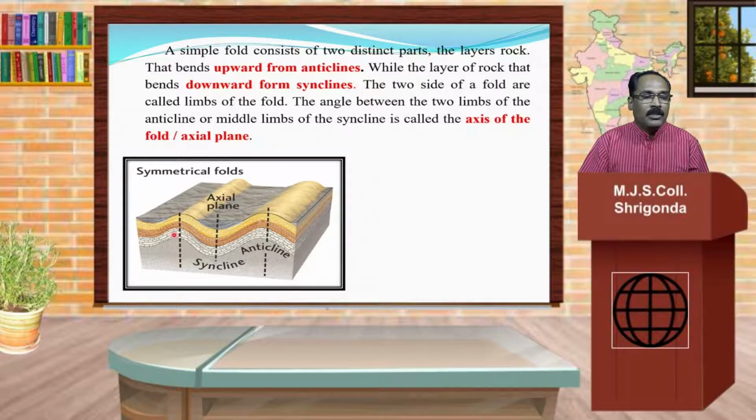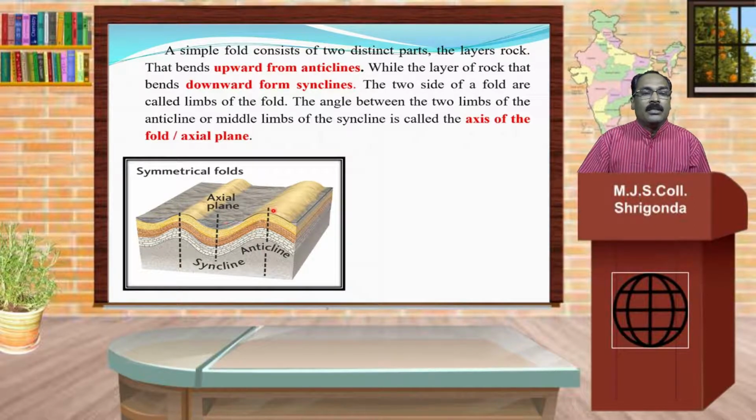Here, both sides are the limbs, and here are the anticline, with upward direction, and the syncline, with downward direction.